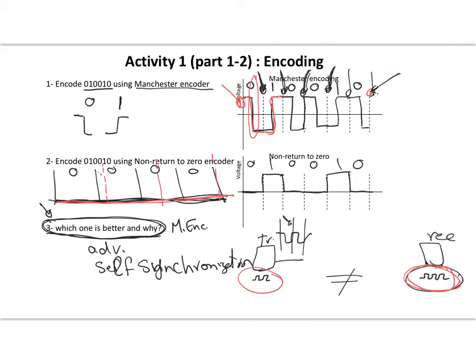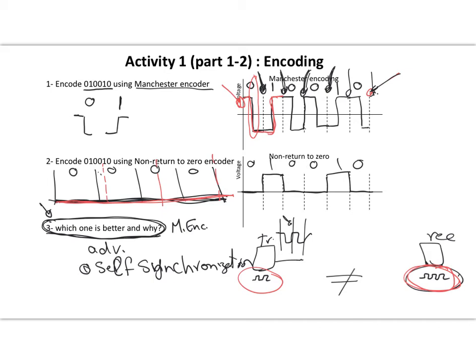You have to have a change in every single bit, and that change is good because it actually gives more information to the receiver to readjust its own clock and synchronize this clock with the transmitter clock. Is the point understood? So the first advantage is that Manchester encoding has self-synchronization.